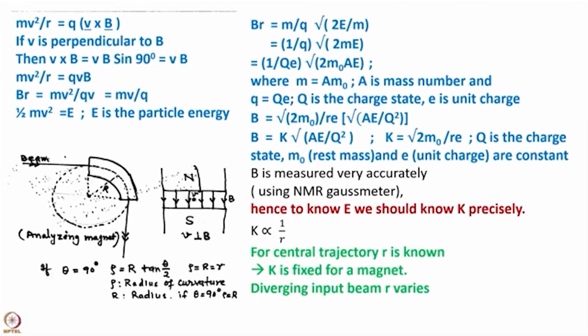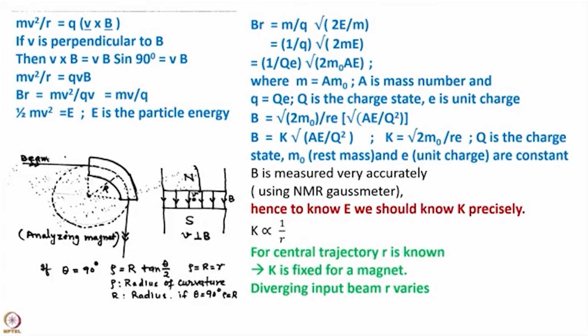Now this Q, capital Q, is the charge state. This was the total charge; the small q was the total charge. So 1 by QE means the charge state times the unit charge, under the root. Now M is equal to A times M naught, where M naught is the rest mass, and Q is equal to this.